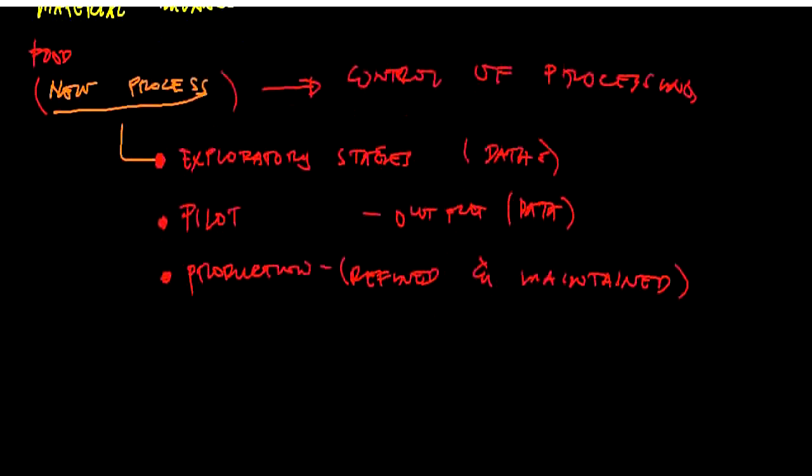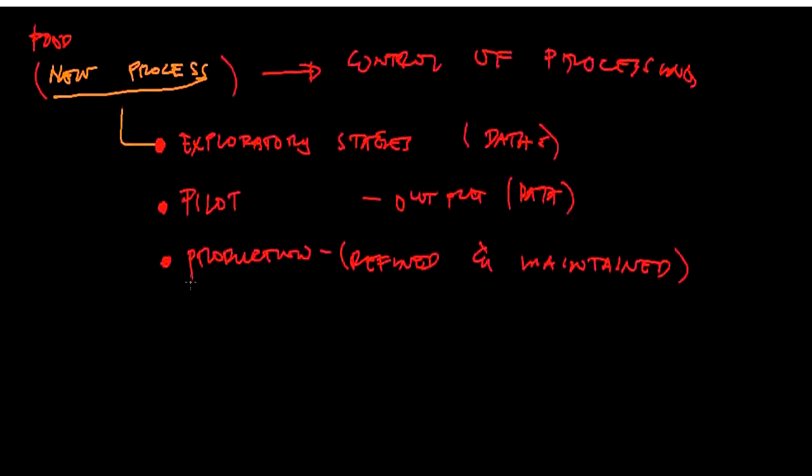For example, it says here that during the production, the material balance data that is obtained during the exploratory stages and evaluated during the pilot test run is being maintained during the production.